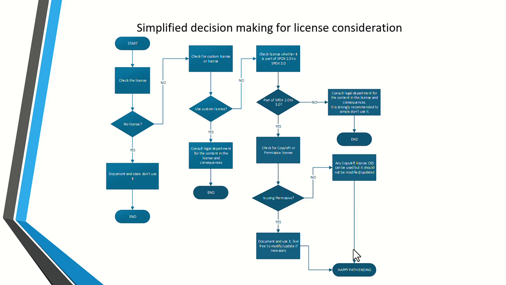Permissive should also remain a permissive license. You can choose either to change from MIT to Apache and vice versa, as long as it is still using a permissive license. This is why those two decision branches give us a happy ending compared to other kinds, either unlicensed or custom license and so on.